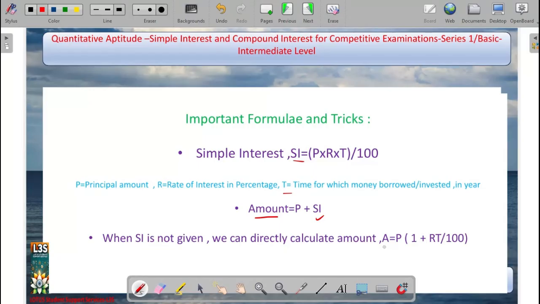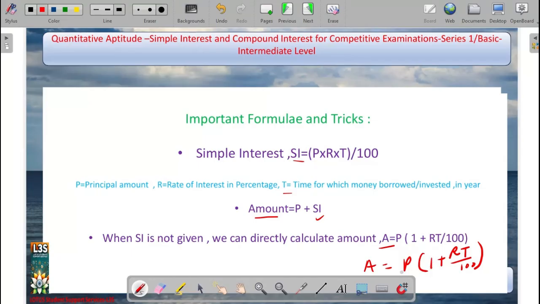We can directly calculate the amount in that case by this formula: A is equal to P into 1 plus RT by 100. Please remember this formula. In different exercises and examples, we have to use this formula to solve the problem.